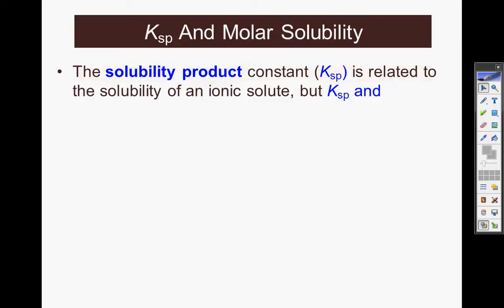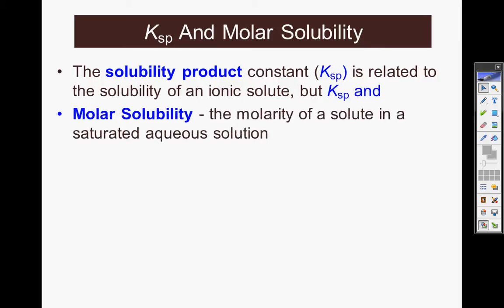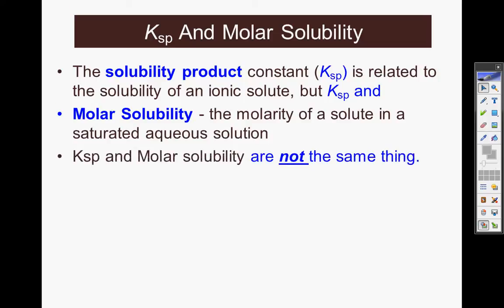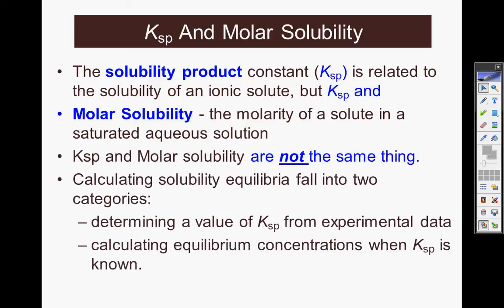The solubility product constant Ksp is related to the solubility of an ionic solute, but Ksp and molar solubility, the molarity of a solute in a saturated aqueous solution, are not the same thing.